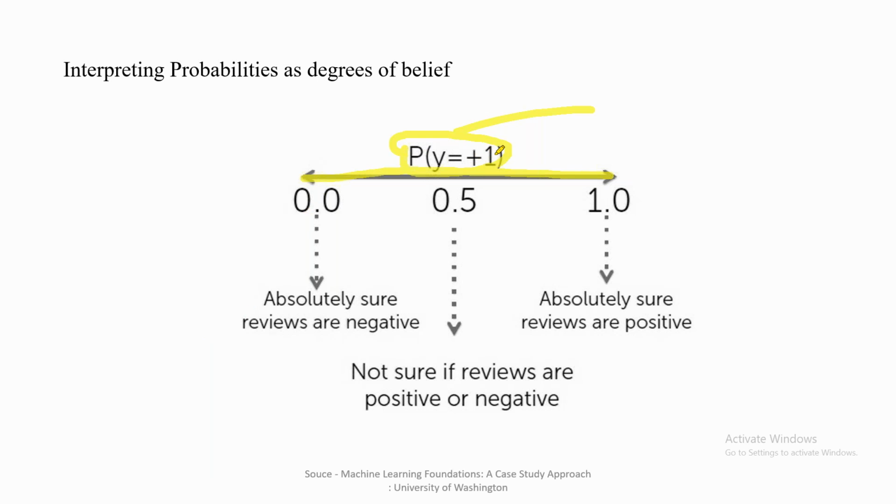If the probability of being positive is 1, then the review is absolutely positive. And if the probability is near 50%, then we are not sure if the review is positive or negative. It might be positive, it might be negative.